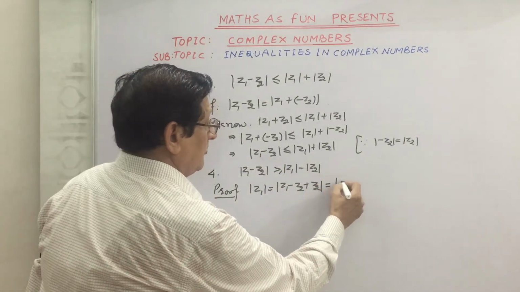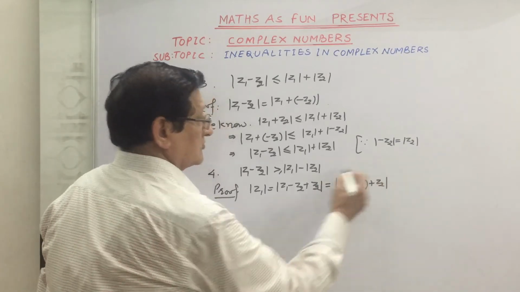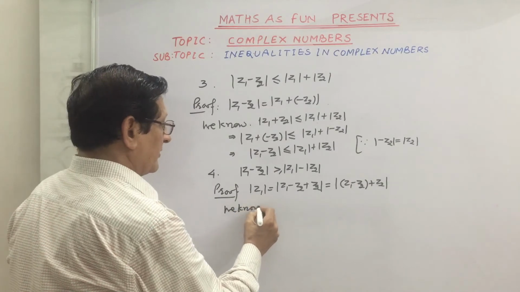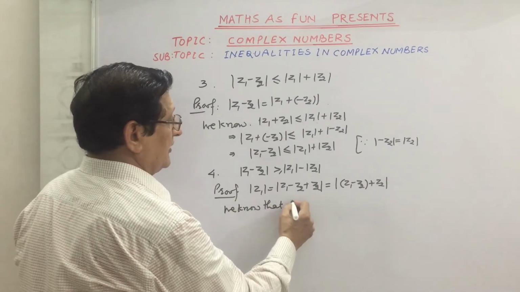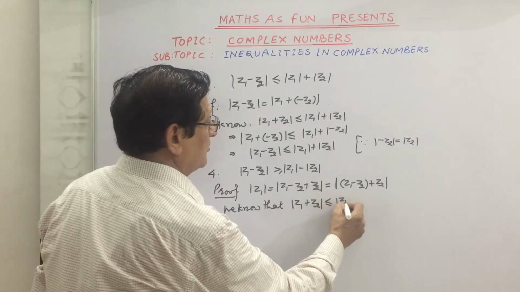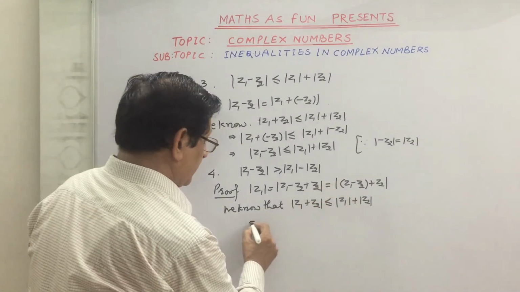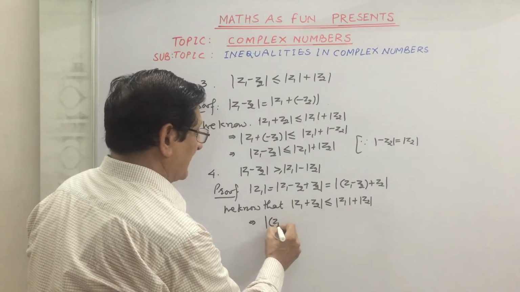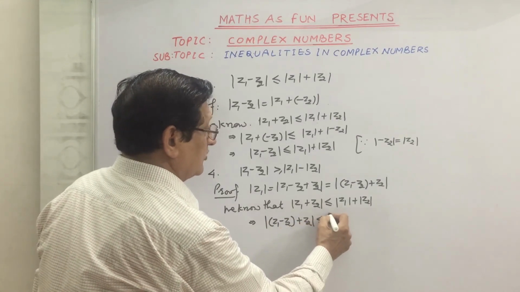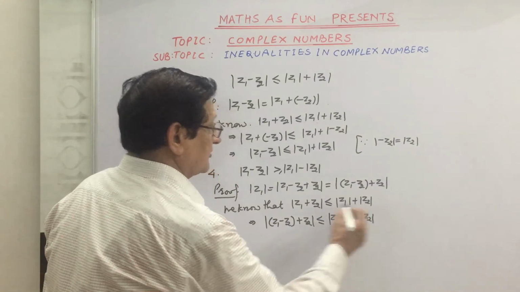Now we know that from the first inequality, modulus of z1 plus z2 is less than or equal to modulus of z1 plus modulus of z2. Using this property, can we write that modulus of z1 minus z2 plus z2 is less than or equal to modulus of z1 minus z2 plus modulus of z2?